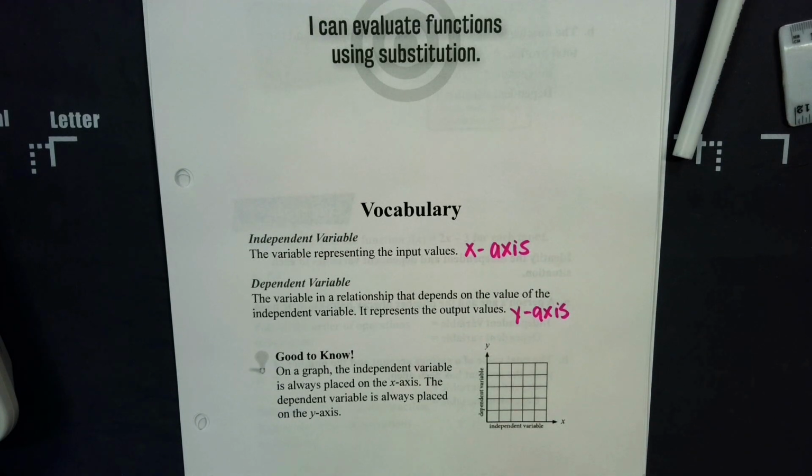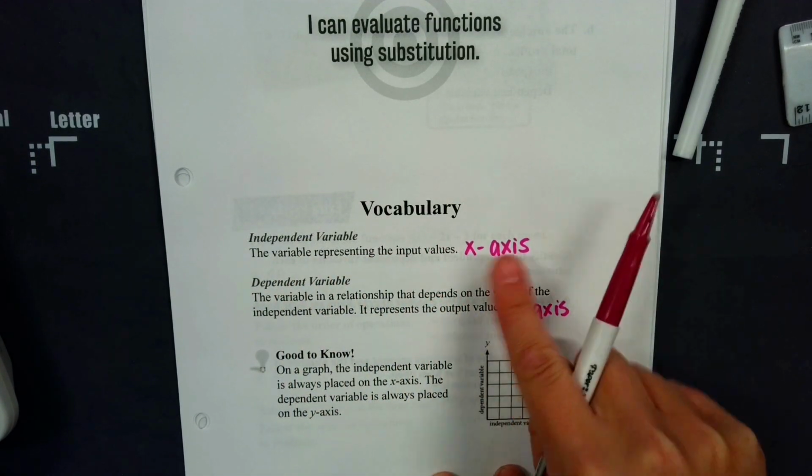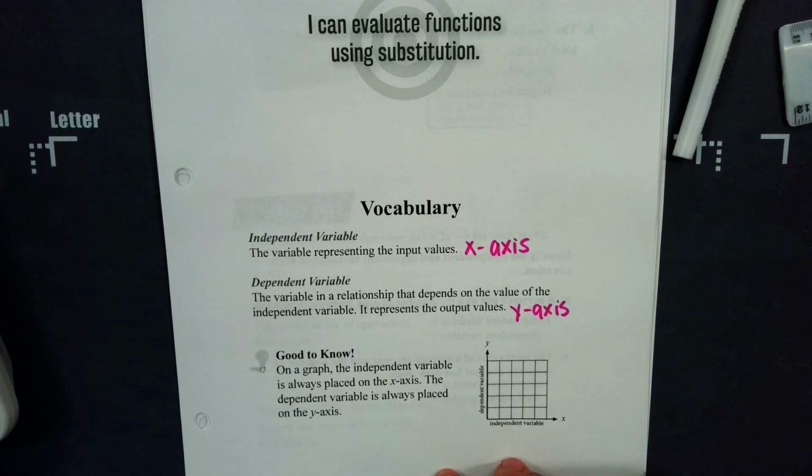If I'm given 5 seconds, I'm going to run a lot less than I would if I was given 20 seconds, correct? If I'm given 5 minutes versus 10 minutes, I could make it farther in the 10 minutes, right? So the distance I can go depends on the time I was given. Does that make sense? Okay. So, independent variable is your X, dependent variable is your Y.